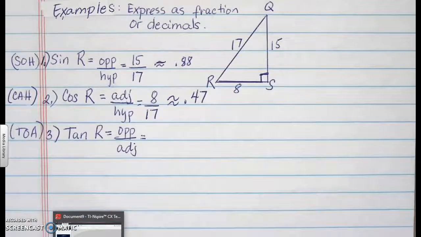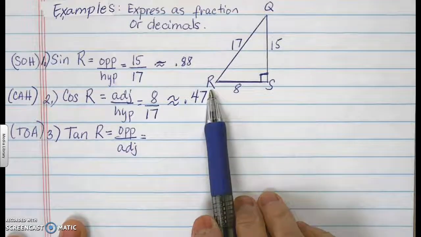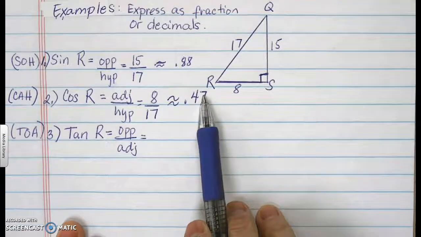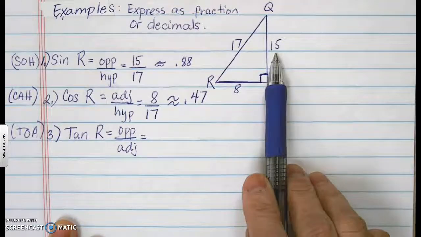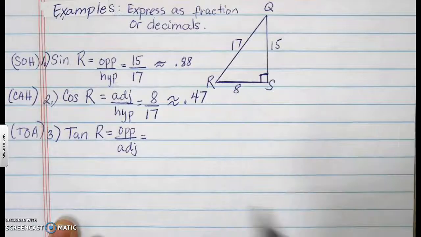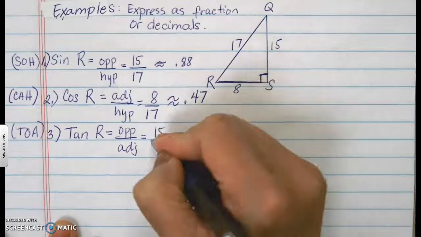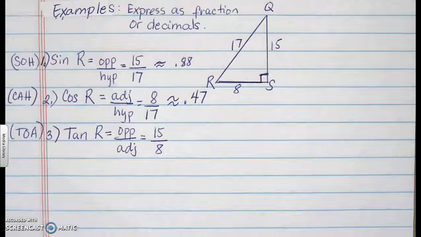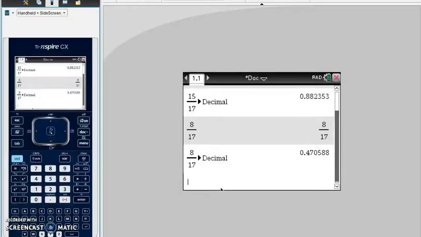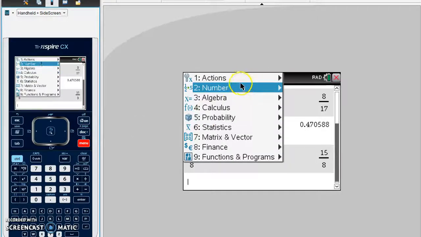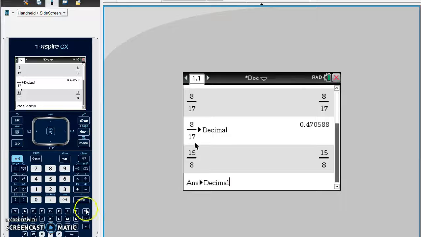So now let us do tangent R. So once again, this is your angle of reference right here, and your opposite is 15, and your adjacent is 8. So 15 out of 8, and you can get your calculator. 15 divided by 8, and you're going to change that to a decimal.